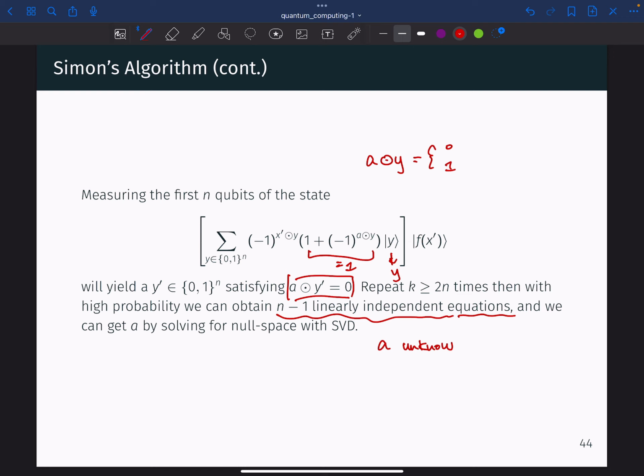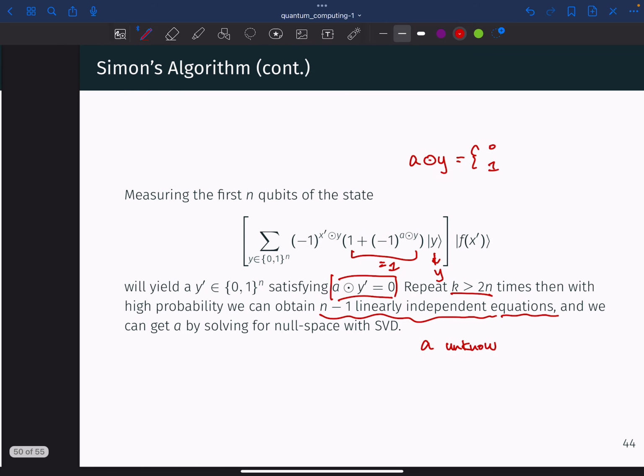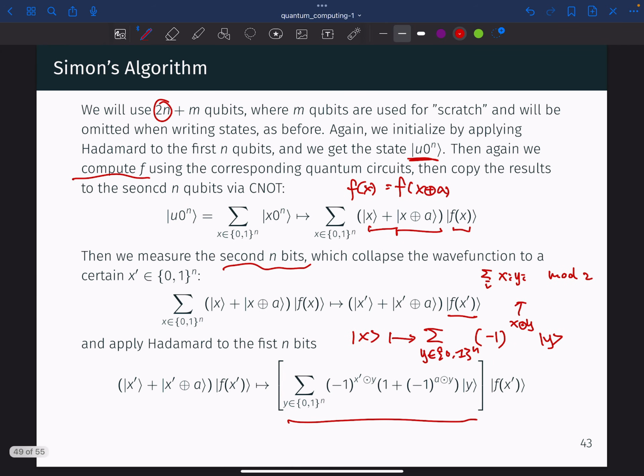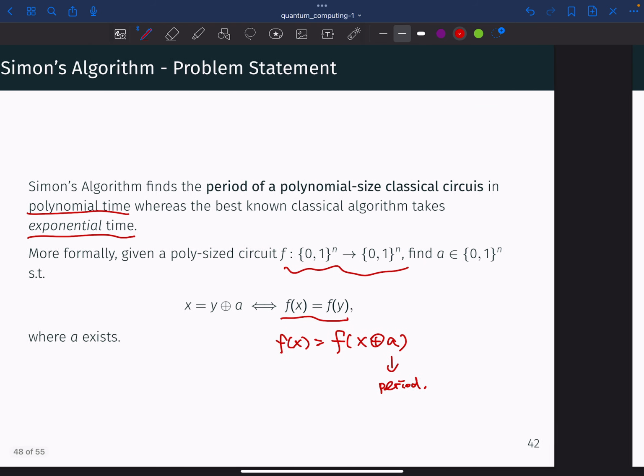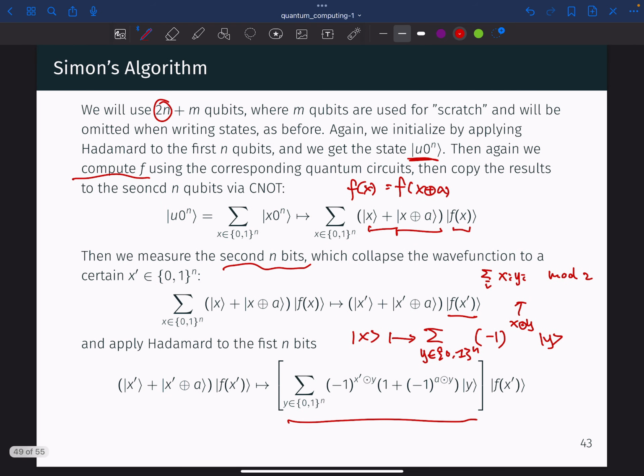And notice that you are only doing this around linear times with respect to the input size. Each time, f takes polynomial time, and you apply some additional gates.